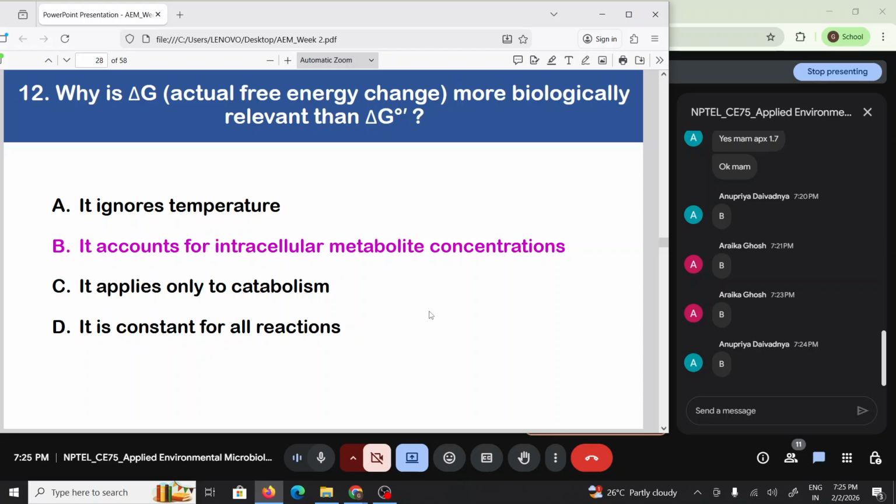So in that case, del G accounts for the intracellular metabolite concentration, which is generally very less than 1 molar concentration assumed by the calculation of del G naught prime, and hence del G is more biologically relevant than del G naught prime usage. It has nothing to do with temperature or the kind of metabolism that's happening, and it's not also constant for all reactions.